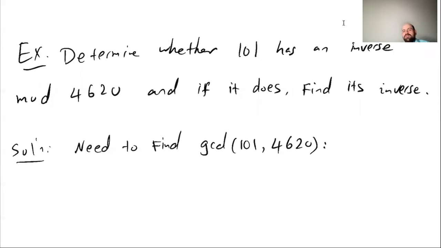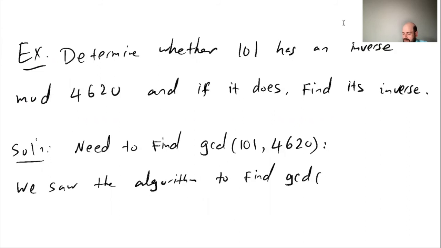So how can I calculate the GCD of two numbers? If you remember, we saw the algorithm last time, which we called the Euclidean algorithm.